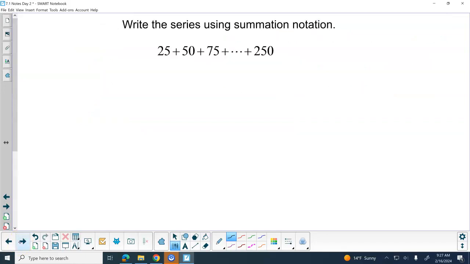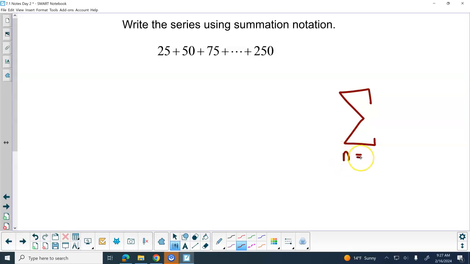So let's write this series using sigma notation. Okay? So in the end, I'm going to need a big sigma. I'm going to need a variable. What variable do you want to use? n. Like the variable that we use all the time, so let's use n. Yep, I like n.